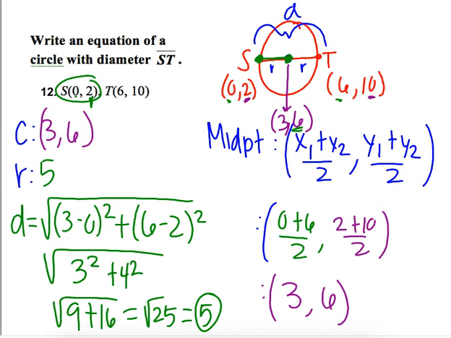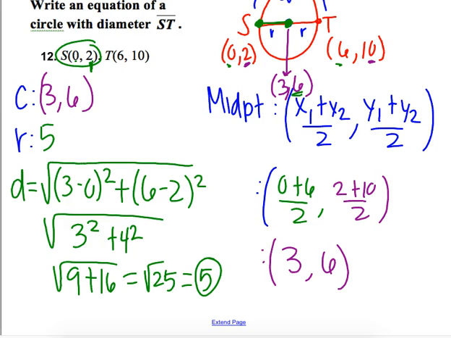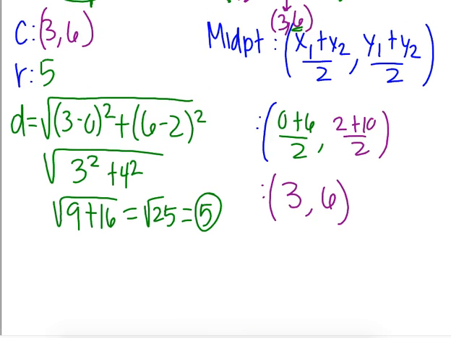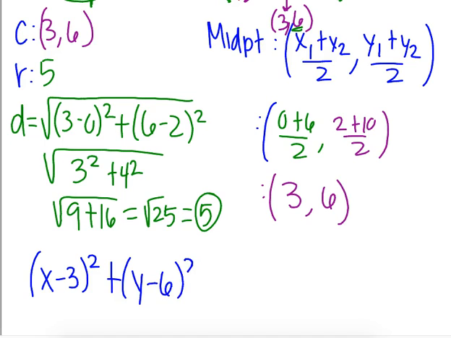Now that I have both parts, I can write the equation of my circle. x minus our x coordinate squared plus y minus our y coordinate squared equals our radius squared. Well, 5 squared equals 25.